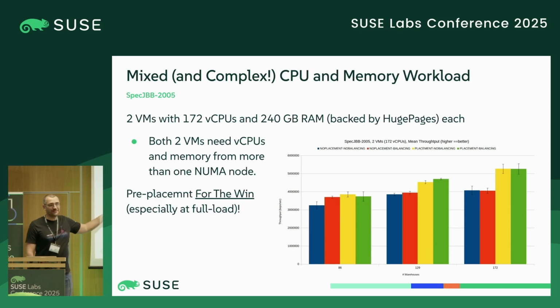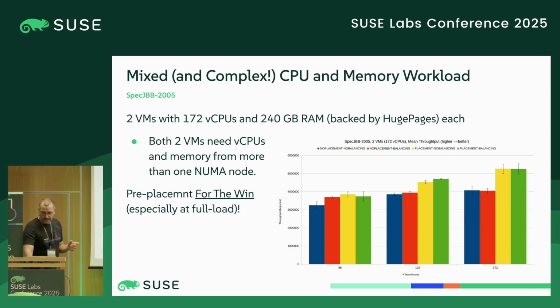So instead of 16 not so big VMs, it's only 2 VMs, but very large, to the point that all by themselves, they are covering the entire system by having 162 vCPUs and quite a bit of memory, meaning that when we place them correctly, let's say, each one of them has to span 2 NUMA nodes.